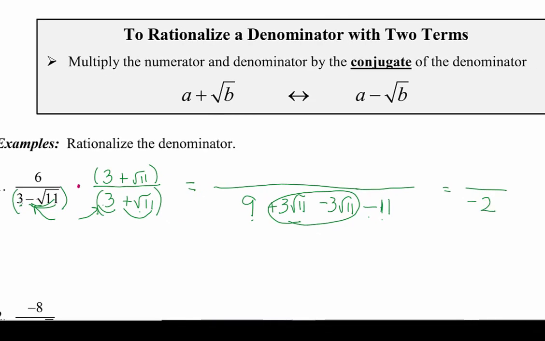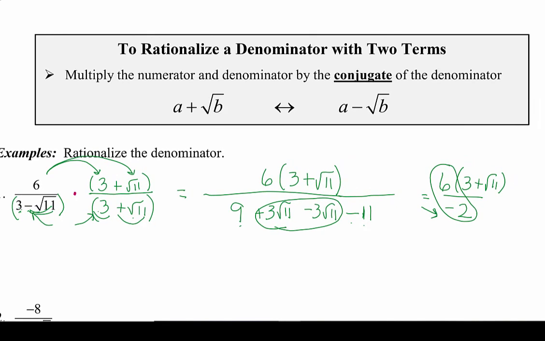Then in the numerator, now you might be tempted to go ahead and distribute that 6. And normally I would say, yeah, let's do that. But I'm kind of looking ahead here at this negative 2 in the denominator, because I noticed that I can do some reducing. So I'm just going to write that here, and then I'm going to do this division.